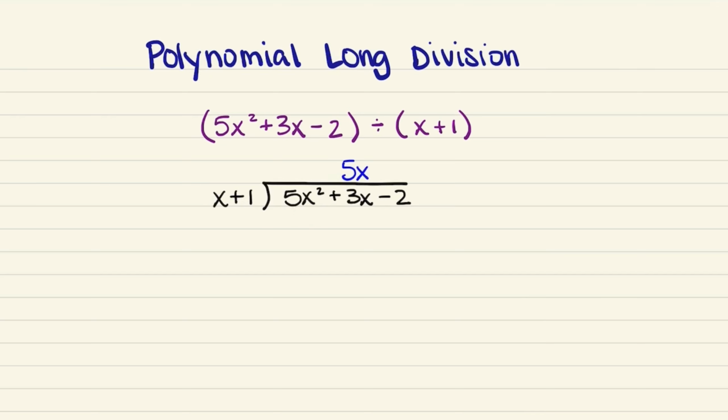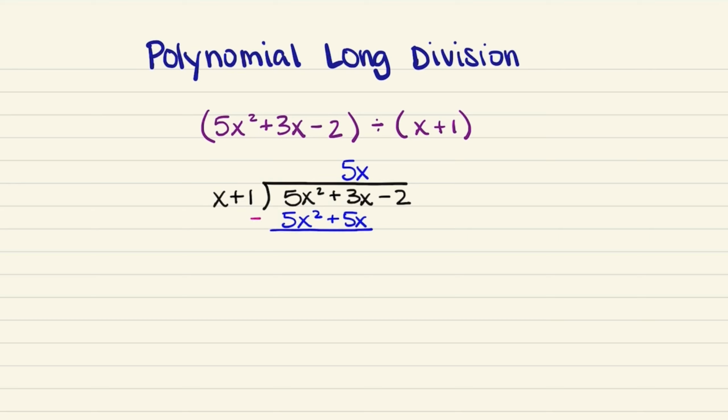Then we multiply the two together. So we're going to be doing 5x times x plus 1, and we write that value right there. 5x times x plus 1 will give us 5x squared. 1 times 5x is 5x. Now we're going to subtract.